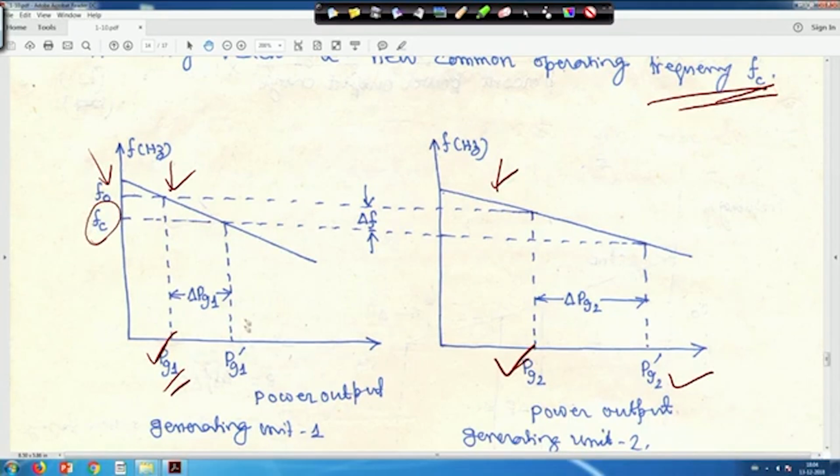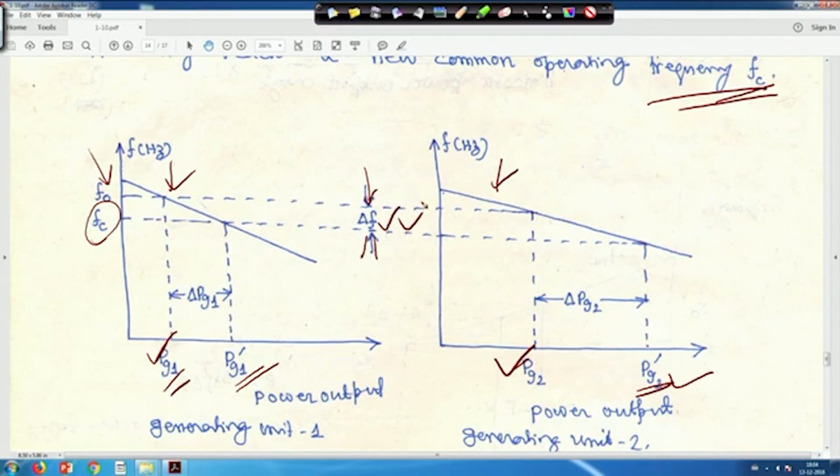If you draw a horizontal line, this one is Pg1 dash and this one is Pg2 dash, right. Their droop slopes, that is droop characteristics, are different, but the common frequency deviation is delta f, right.